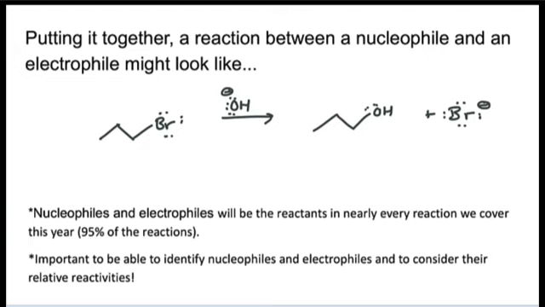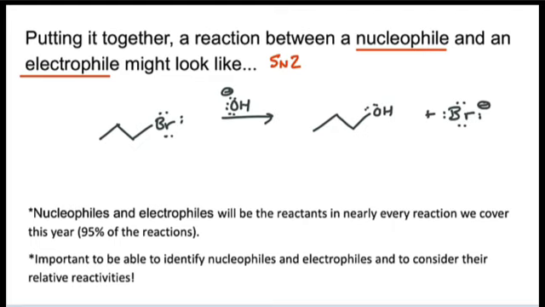Let's tie all of this together into a reaction that involves a nucleophile and an electrophile. And so this is going to be our introduction to SN2 type of reactions, which is going to be the next video. So I am going to identify a nucleophile here.